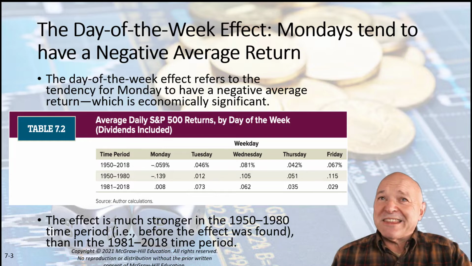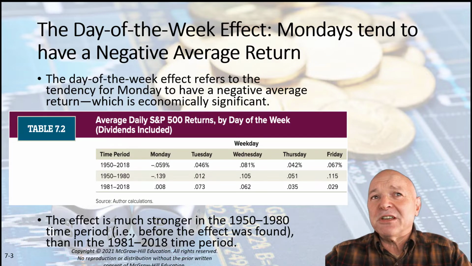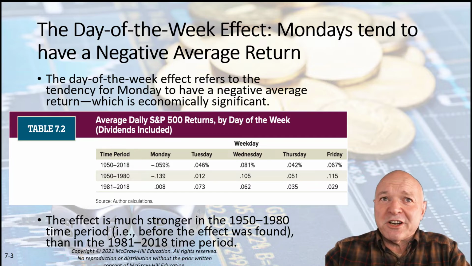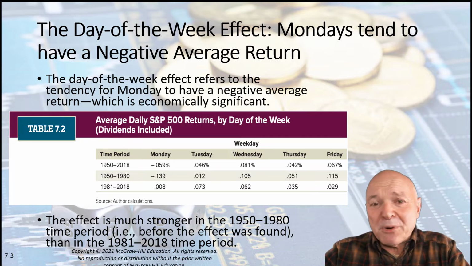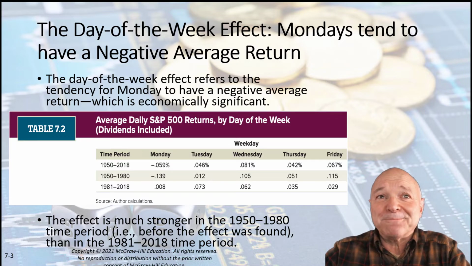When we take a look at the effect of returns on Mondays over a long period of time, in this case from 1950 through to 2018, we see that there was a negative return on average over that entire period of about 0.5%.